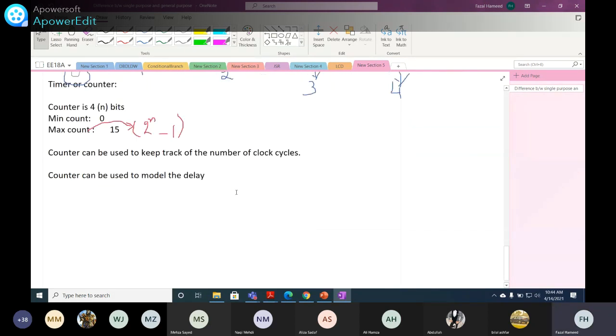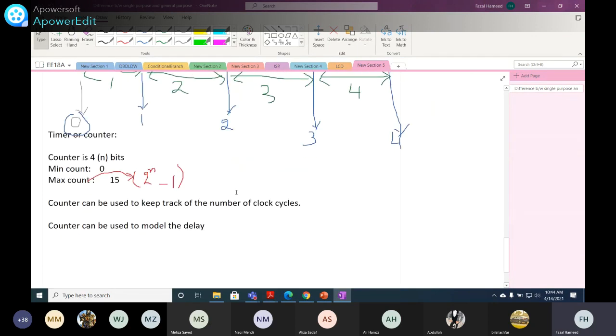Let's assume that our clock period is 1 microsecond. Since the clock period is 1 microsecond, what is the clock frequency? This implies that the clock frequency is 1 megahertz. Am I right or not?